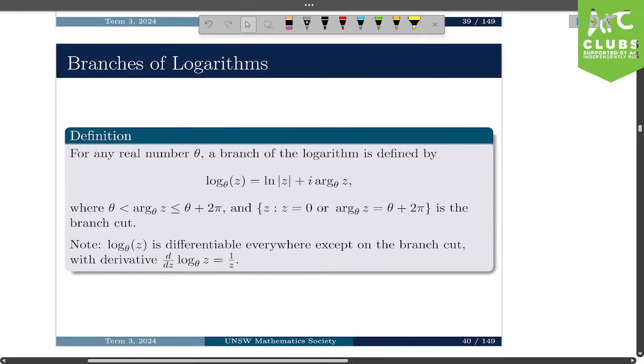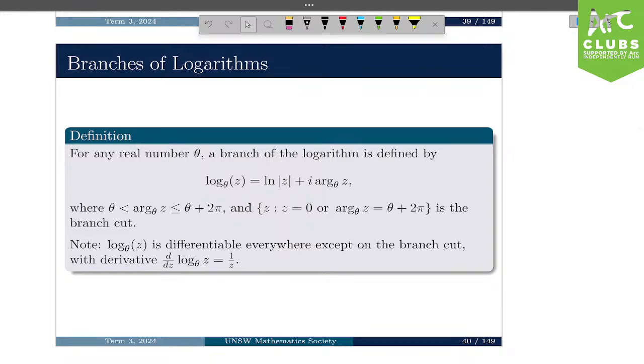Now we have a special notation for the other branches of logarithms, right? We use a subscript of an angle, theta, right? And it's defined as the natural log of the modulus of z plus i times the theta branch of the argument, right?